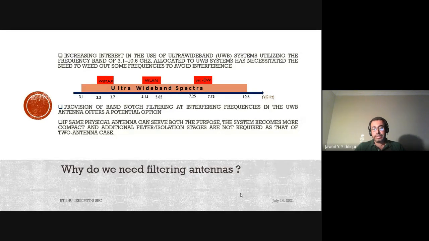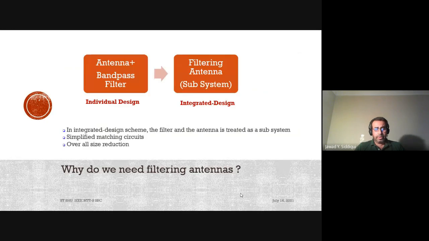Of course, the excitation of these modes will give you different forms of radiation patterns. There are some interesting works that we did, and that's what I'm going to share with you, like antenna plus a bandpass filter, that is an individual design.